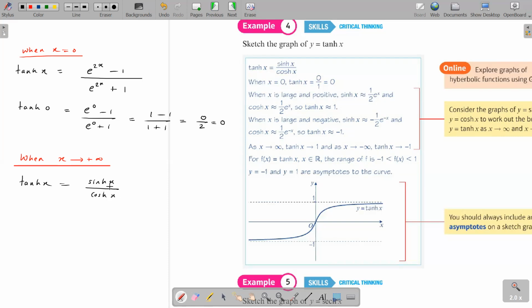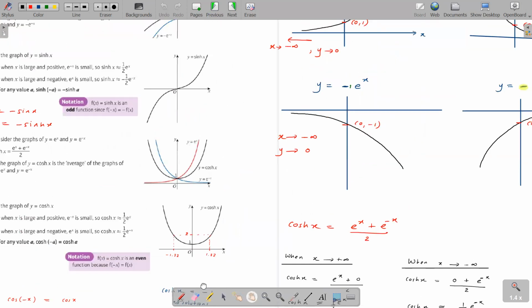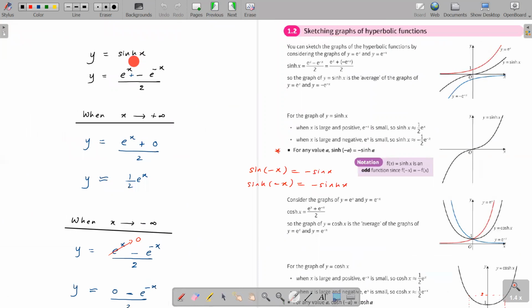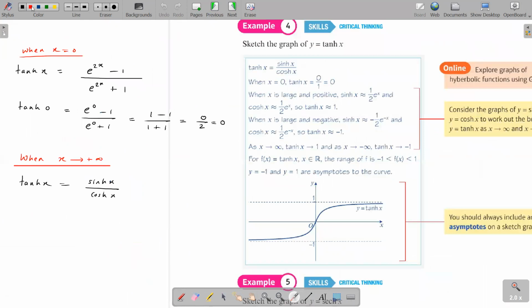We know the result of sinh x and cosh x as x approaches positive infinity. We found them previously. So when x approaches positive infinity, sinh x approaches half e to the power x. Can you see? So sinh x approaches half e to the power x, and you can substitute that value here.